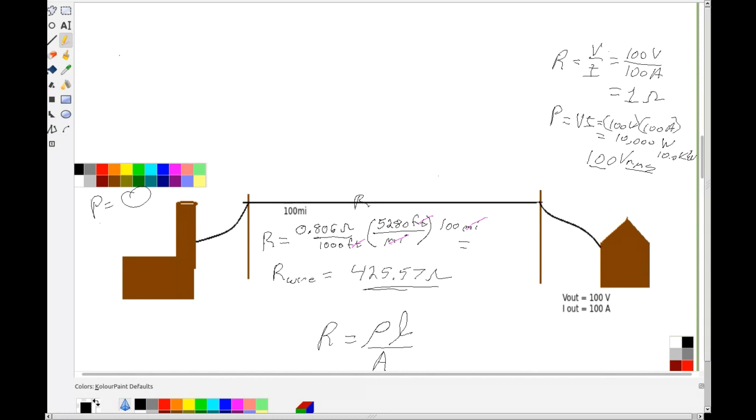So let's take a look here. We have a little AC circuit, and I have a resistance here, and I have the resistance here of my house. So this is the resistance of my house, which is 1 ohm.